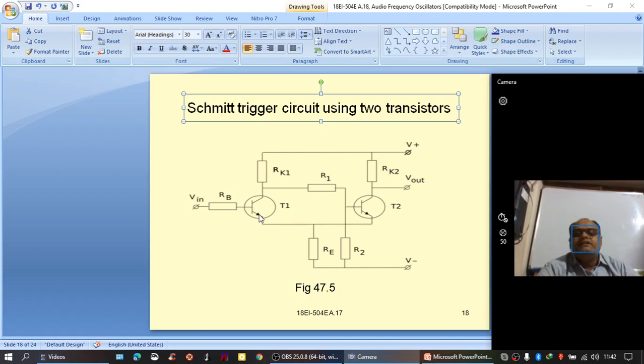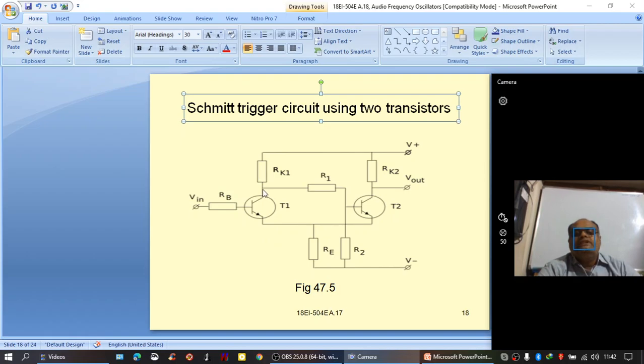When transistor T1 conducts, the potential here would be lesser because now it would be only VCE plus VRE.